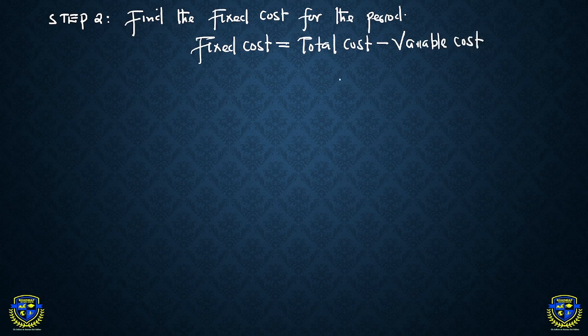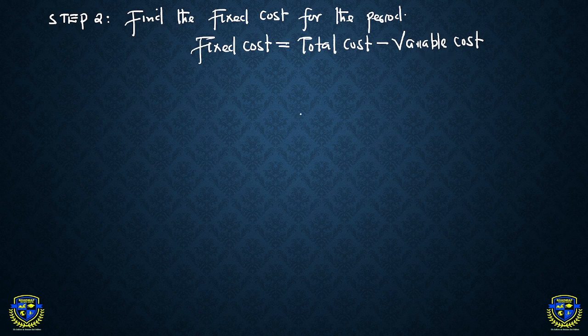So this is total variable cost, not a variable cost per unit. So what do we do when you want to find the variable cost? We're going to say variable cost multiplied by the units.